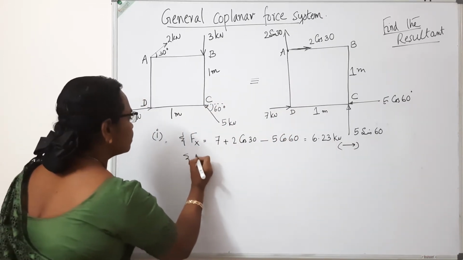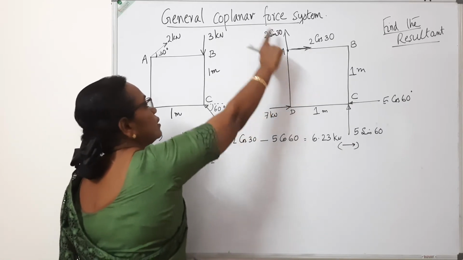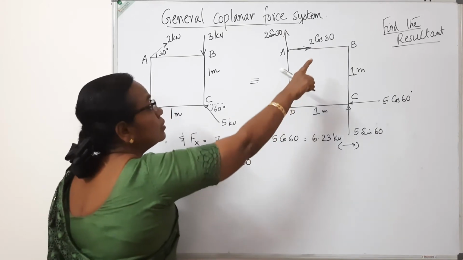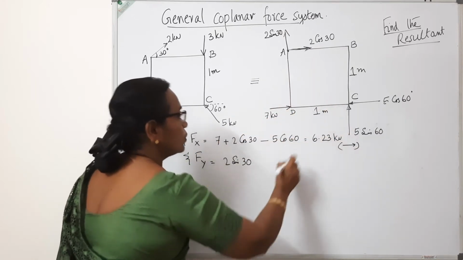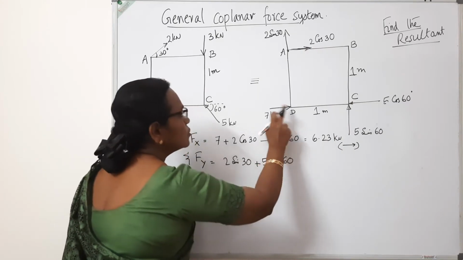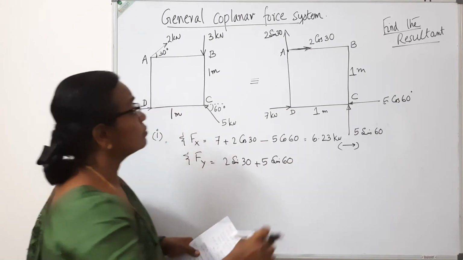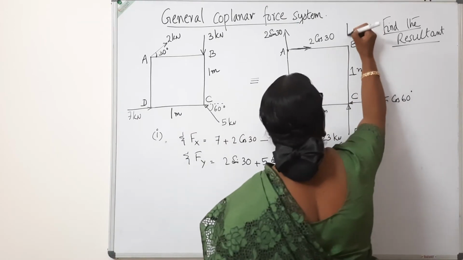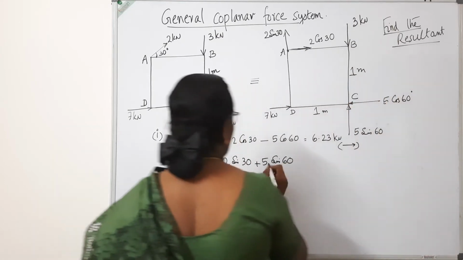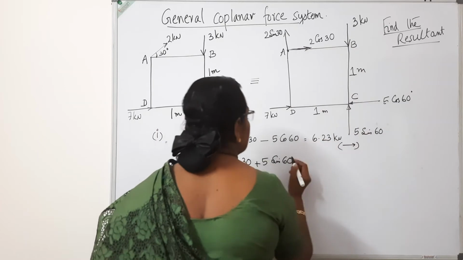Sigma Fy: vertical components, 2 sin 30 upward, then 5 sin 60 upward. The other forces are horizontal only, so there are only two forces, 2 sin 30 and 5 sin 60. Okay, now B. At B there is a force of 3. So we have to add 2 sin 30 plus 5 sin 60 minus 3.